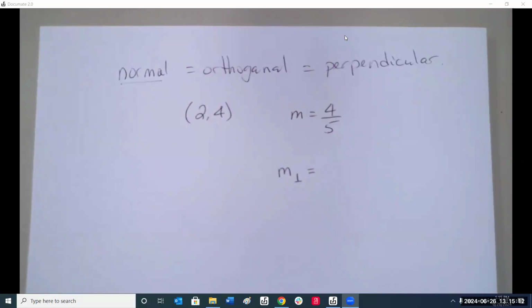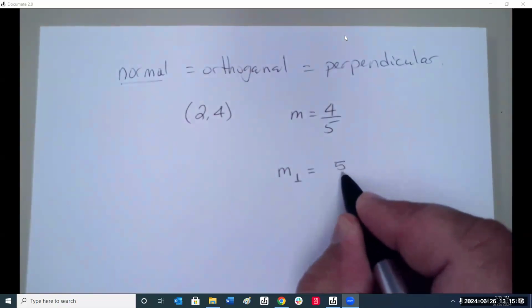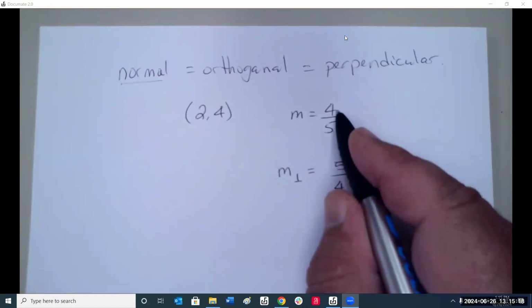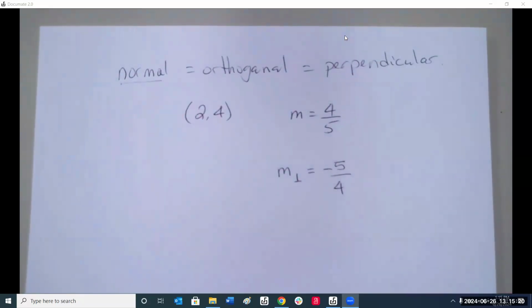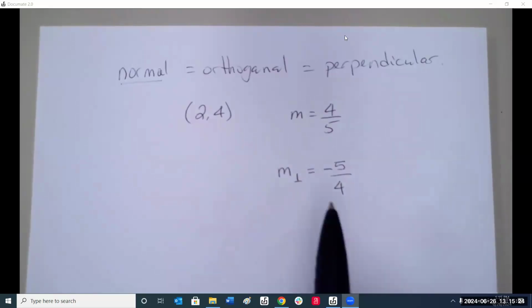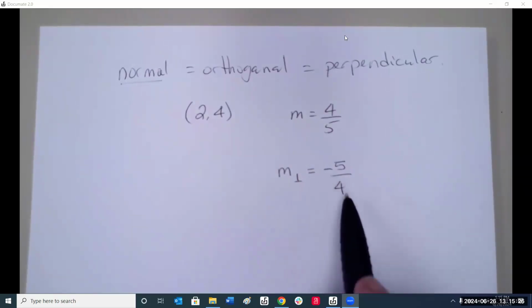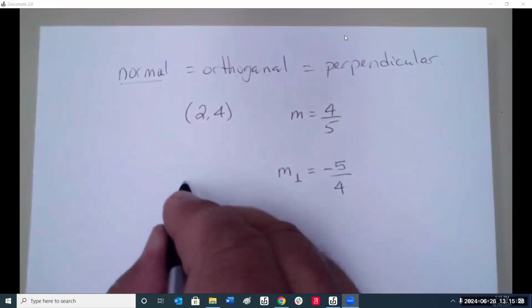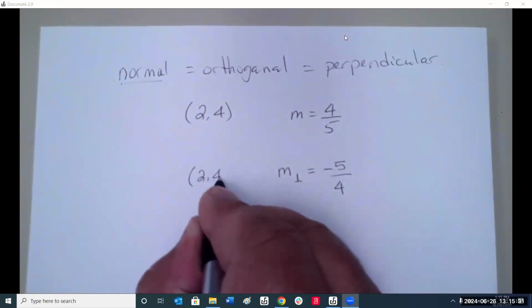That's part of it. It's the inverse of it. It's the opposite of it. You flip it and you change the sign. So that's the slope of the line normal to it. Going through the same point.